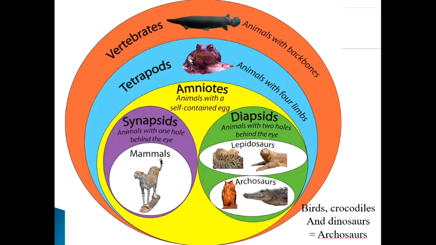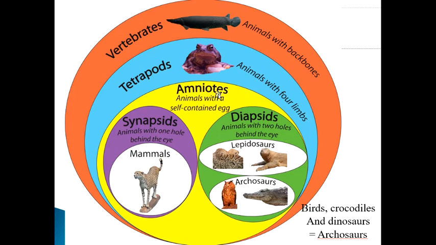Another way to look at this would be in this nested diagram here. You have the large circle being vertebrates. Everything enclosed in that circle is vertebrates. That's every animal with a backbone. Nested as a smaller group within that are the tetrapods. Those would be animals with four limbs, including mammals, reptiles, amphibians, and birds. And then nested within those would be the amniotes.